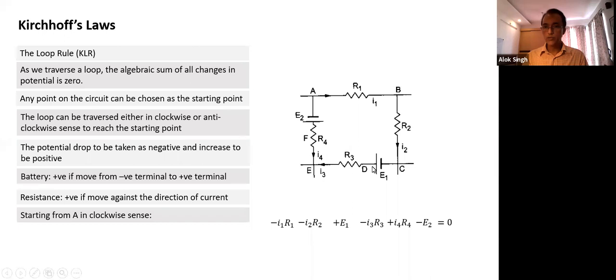What are we doing here in Kirchhoff's loop rule? We are assuming that we are traveling with the charge, and we are checking the energy level, the potential energy level, at different points. It indicates how the potential energy level changes as we traverse the loop.